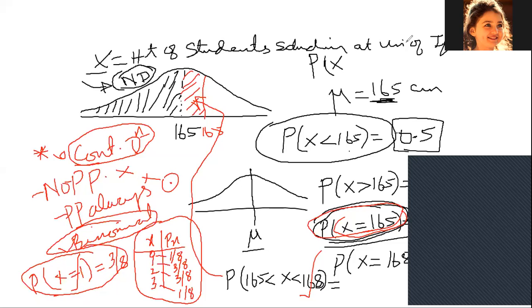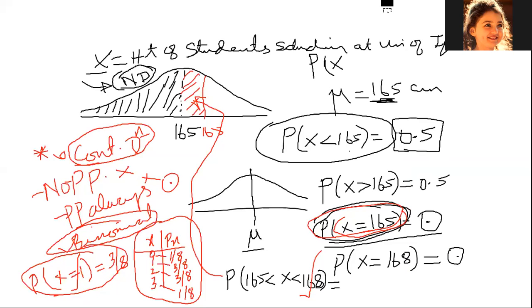So for a given random variable, finding the probability at that value is called the point probability. So always point probability is 0 for continuous distribution. Clear? All right. Keep that in mind.